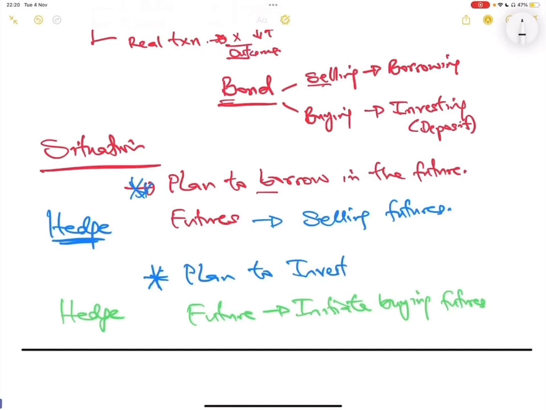But if you plan to invest, it means you're actually buying the bond. So if you want to hedge investment, then you need to buy futures. And if you want to hedge borrowing, then you have to sell interest rate futures. Remember, we're talking about interest rate futures, IRF.